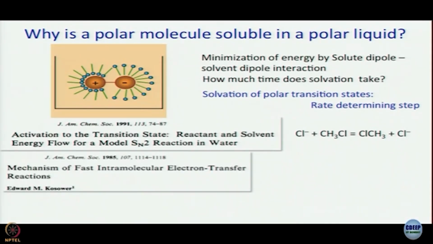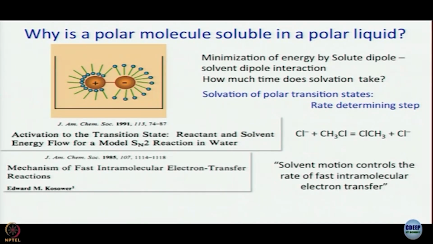Another paper, published in 1985 by another stalwart, Kosower, was on the mechanism of fast intramolecular electron transfer reactions. There he made the comment, solvent motion controls the rate of fast intramolecular electron transfer.